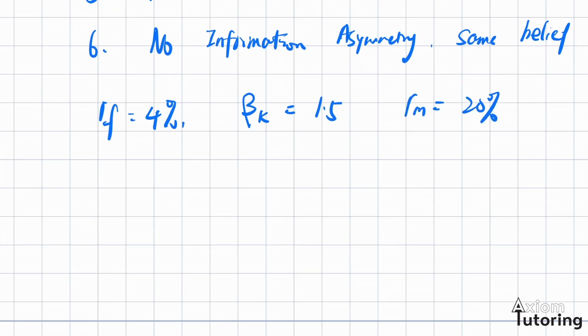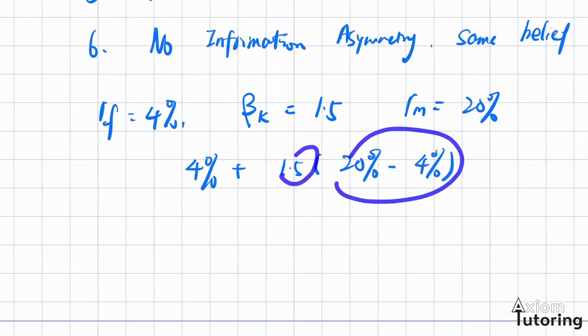What is the expected return for this asset? Let's just plug in the CAPM. So 4% plus 1.5 multiplied by 20% minus 4%. So that's going to be 16%, and that's going to be 24. 24 plus 4 is going to be 28%.